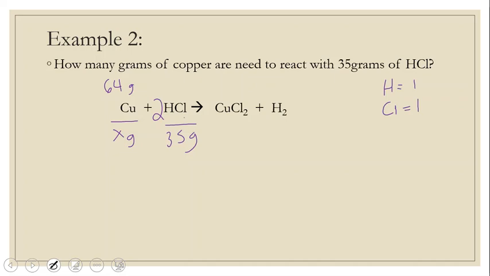There is 1 atom of each one, 1 times 35. 35 plus 1 is 36. But I have this coefficient too. Molar mass is grams per mole, but I have 2 moles of hydrochloric acid in the reaction, so I have to multiply this by 2, and now we have 72 grams.